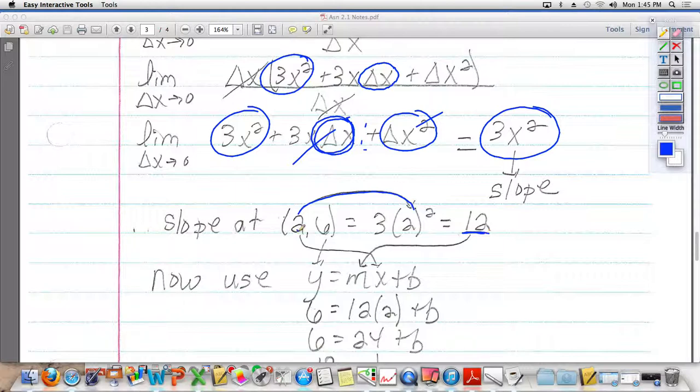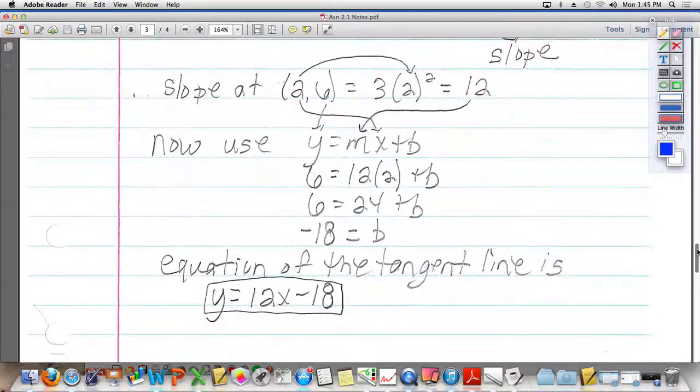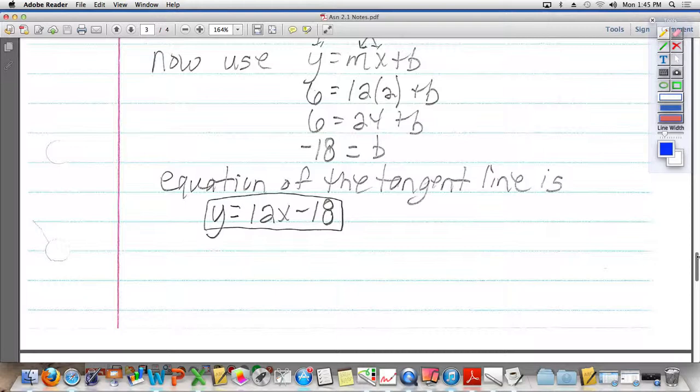The x value is 2 plus b. So we have 6 is equal to 12 times 2, which is 24, plus b. You do the math. You figure out that the b value is negative 18, so the equation of the tangent line is y equals 12x minus 18.